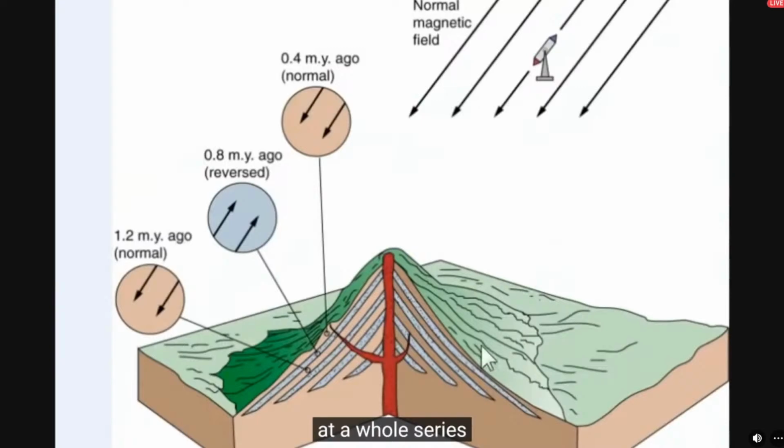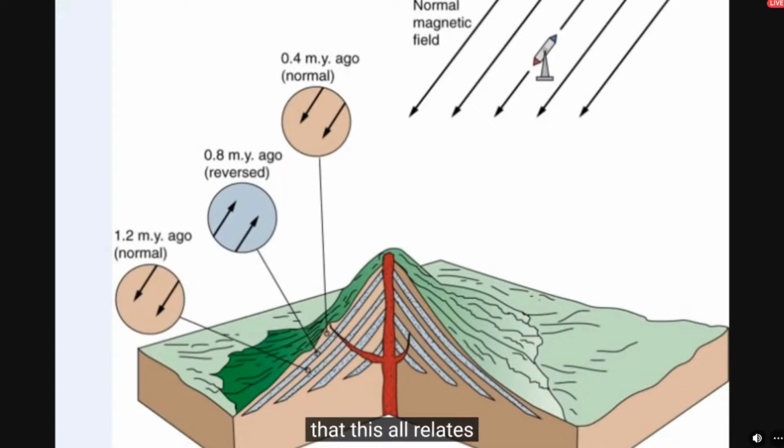So if we go look at a whole series of lava flows, what we'll find if we sample through the lava layers into older and older layers, we'll find some layers that are oriented with the magnetic field, say like today, and other layers, older layers that are reversed, and then still older layers that are like today. So through geologic time, the Earth's magnetic field flips back and forth, and we call these magnetic polarity reversals.